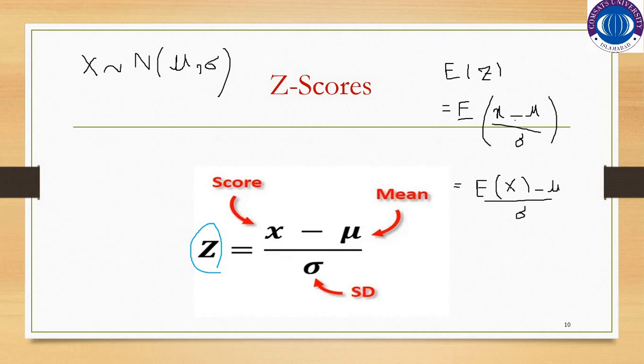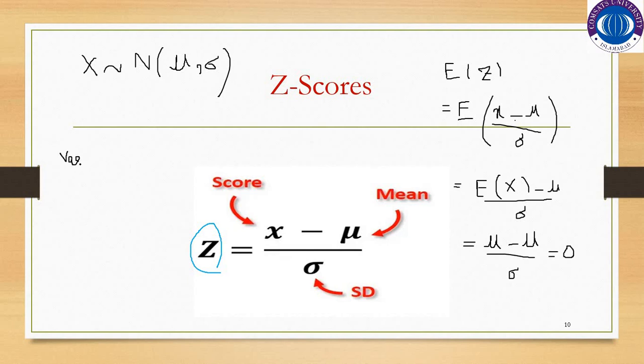As you know, expected value of x is basically the mean of the variable, and this random variable is following the normal distribution and its mean is mu. So here we will have expected value of x as mu, minus mu over sigma, which is obviously equal to 0. So the expected value of z, or you can say the mean of this random variable z, will be equal to 0. Now what would be the variance?